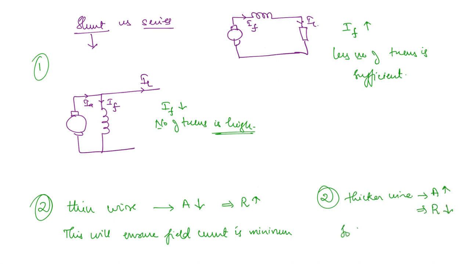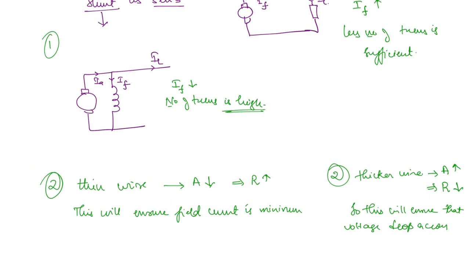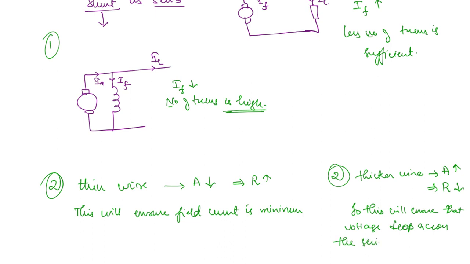Okay, so this will ensure that the voltage drop across the series winding is not too much because of the high field current. Okay, so these are the two differences between the shunt and series winding.